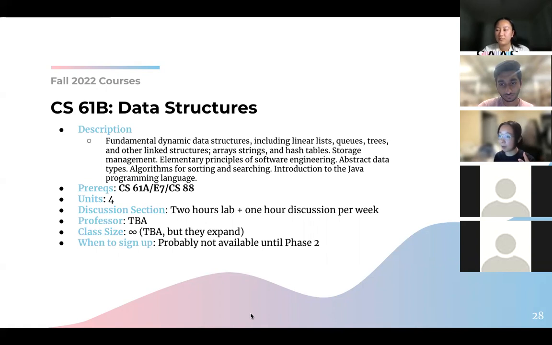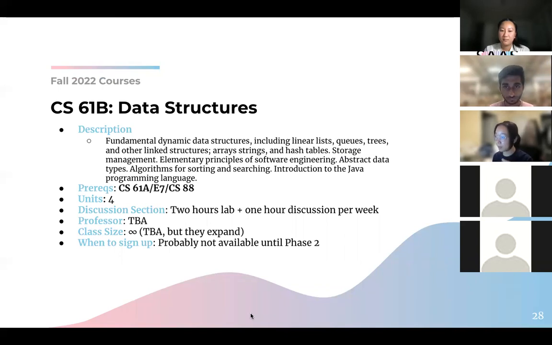It goes through a lot of the stuff you'll see in software engineering interviews, like calculating runtime of different programs, abstraction, abstract data types, simple algorithms for sorting and searching, all that good stuff. And it's the introduction to Java.